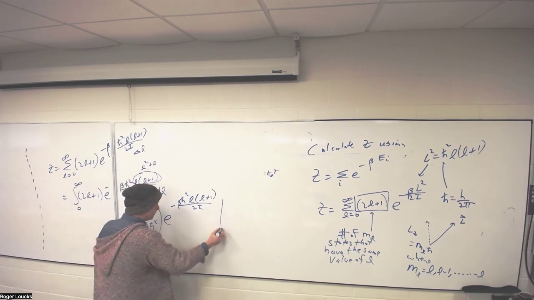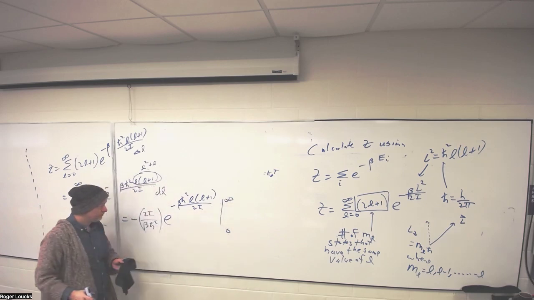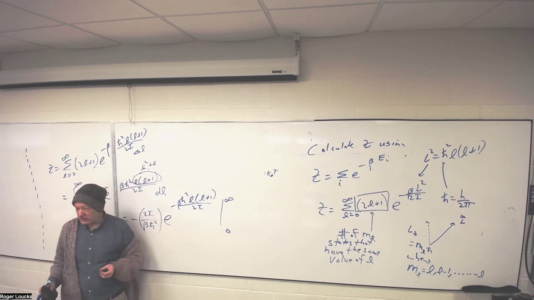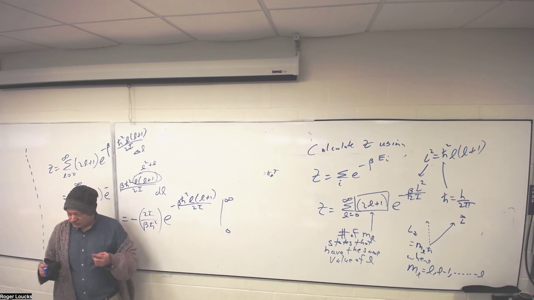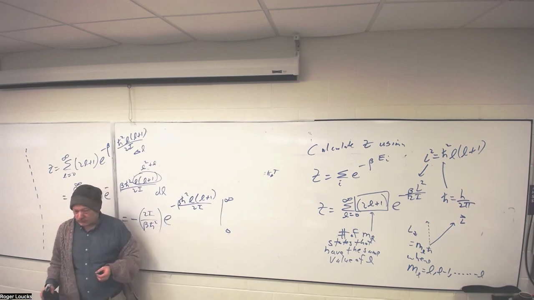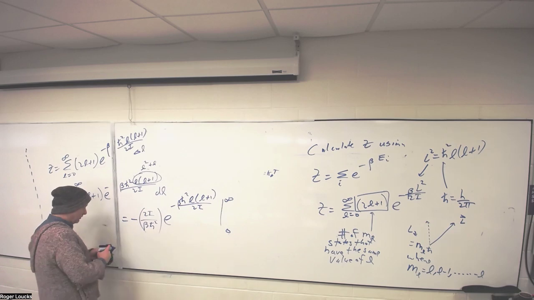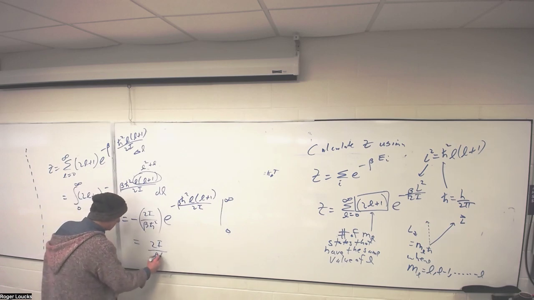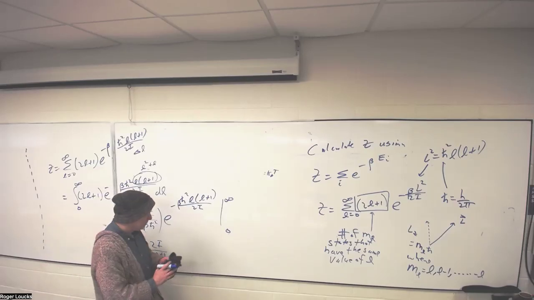Evaluated from 0 to infinity. What does that equal? If I put in the infinity, e to the minus infinity is 0. If I put in 0, e to the 0 is 1. That's the lower limit. So this gives me 2I over beta h bar squared.